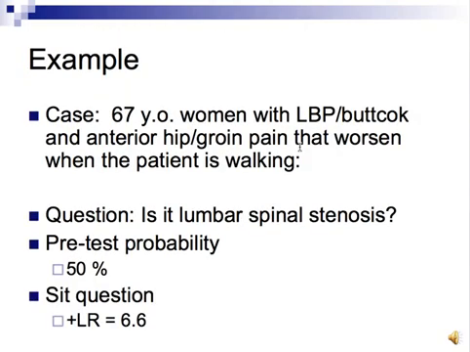We know we need a likelihood ratio, a nomogram, and a pretest probability. So for this situation, when we have an elderly patient with low back pain, given their history and prevalence, we're going to give them a 50-50 pretest probability, and then we're going to work through the example with that pretest probability.